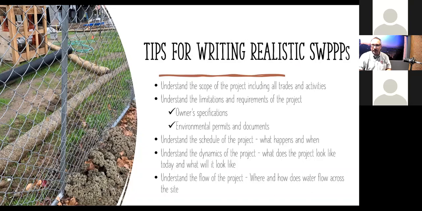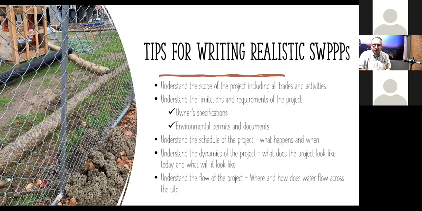The second understanding is to understand the limitations and requirements of the project. Well, what do I mean by that? Well, certain projects, in fact, most projects have restrictions. They have limitations put on by different people. Sometimes it's by the owner themselves, especially for agencies. They will have certain BMPs that they accept and other BMPs they don't.